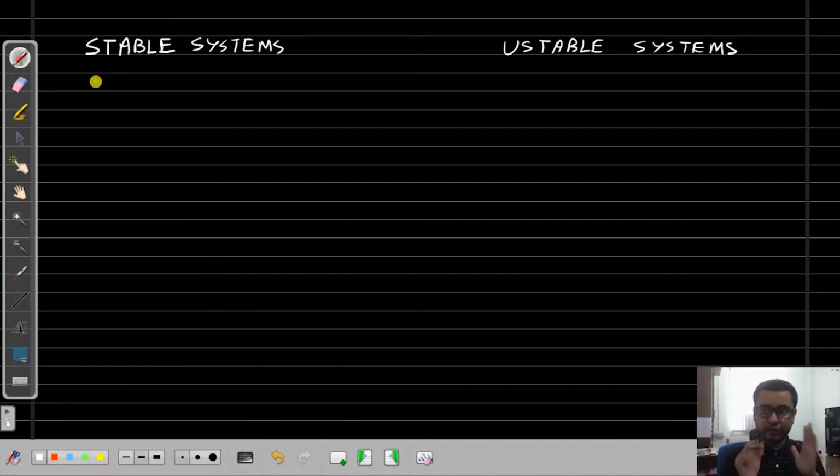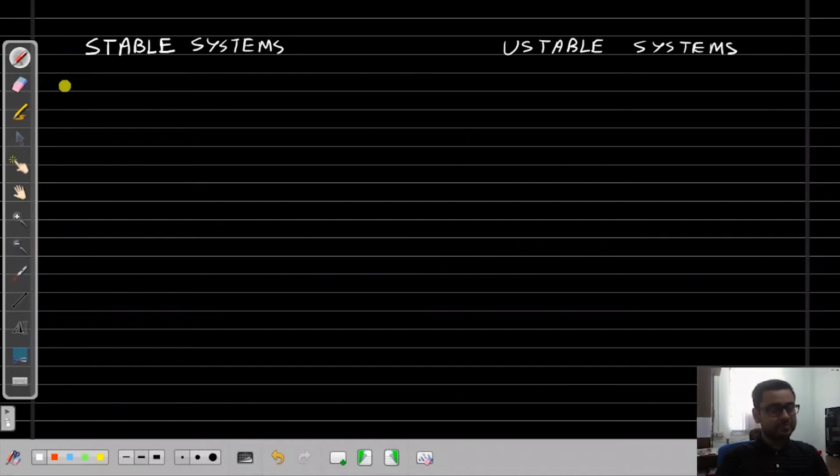It should always be finite or bounded. The output should not go unboundedly large or infinitely large, unless you give an unbounded or infinite input. Such systems are called stable systems.